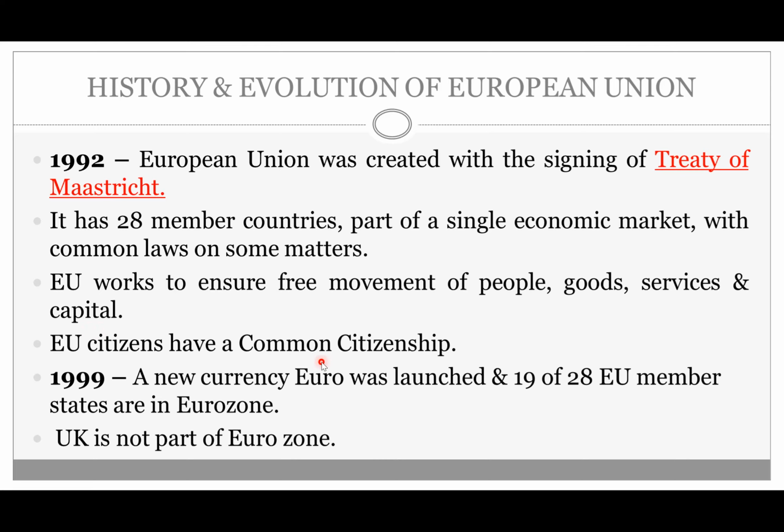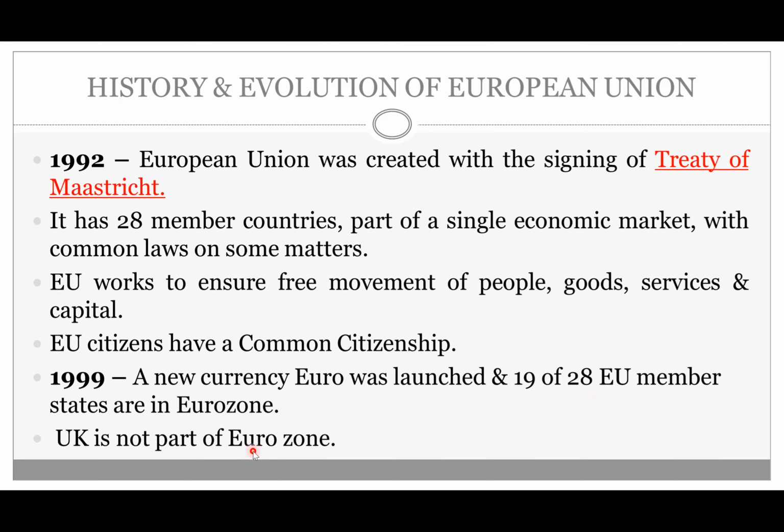EU citizens have a common citizenship as well. Next major step was in 1999, a new currency named Euro was launched, and as I told you, 19 countries out of the 28 EU member countries are part of Eurozone, so they have a currency that is Euro. UK is not part of Eurozone.